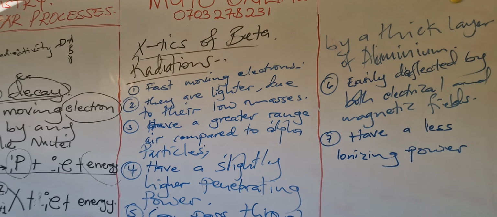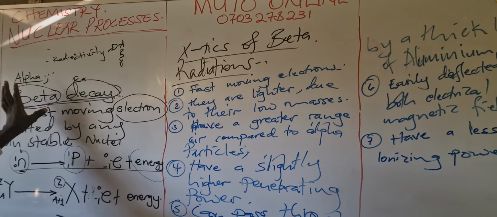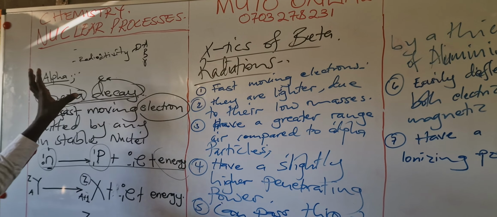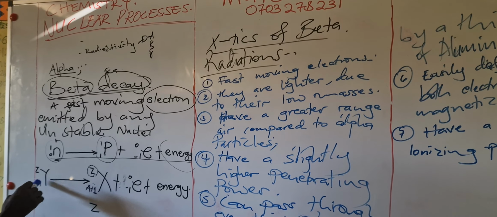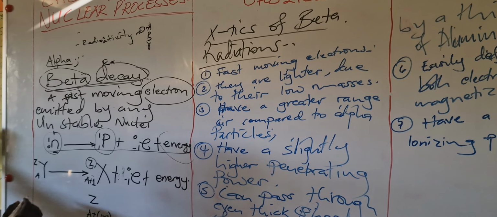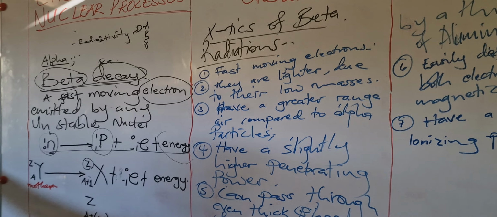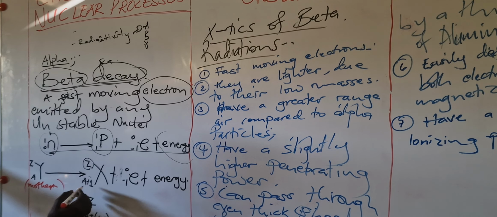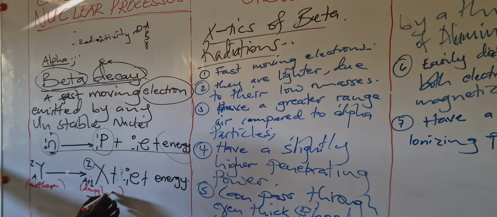So we can think of more examples of calculations, so long as you know that during emission of beta radiations, this becomes the mother nucleus forming a daughter nucleus.